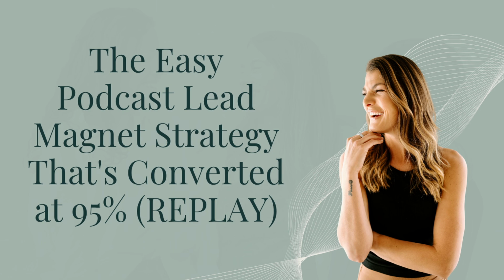Number 1, brainstorming and identifying: finding the best lead magnet ideas based on your audience's needs, desires, identity marketing, and your business goals as well. 2, create the content: develop the lead magnet in a format that's engaging and easy to consume. 3, automate and deliver: setting up a really seamless system that ensures your audience receives and engages with your lead magnet. 4, promote and engage: drive consistent traffic to your lead magnet and turn new subscribers into loyal listeners. 5, test and optimize: continuously analyze and improve your strategy to maximize conversions.